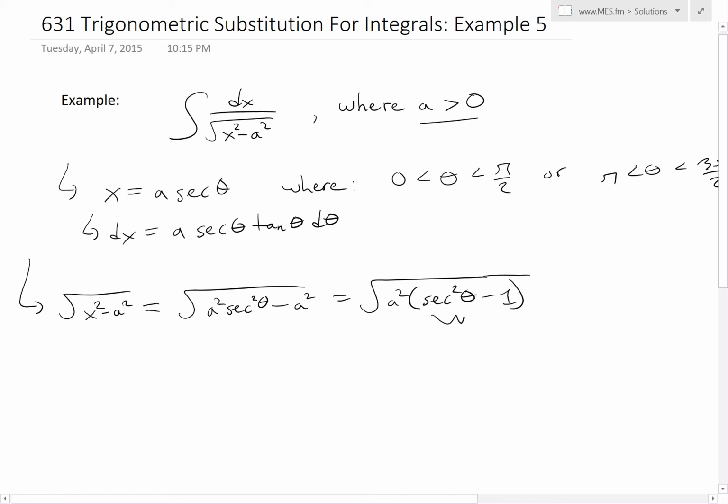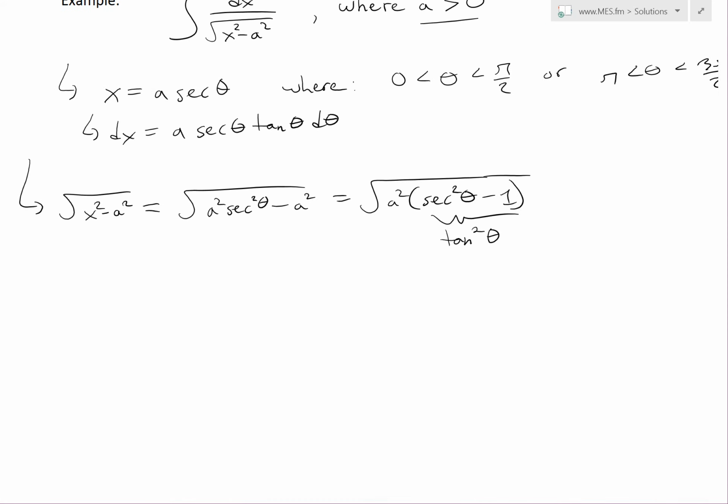And now we know the trig identity, like I showed in my earlier video, this is just tan squared theta. So we keep simplifying, the square root of a squared cancels out, so we get a, and now this part here is the square root of tan squared theta.